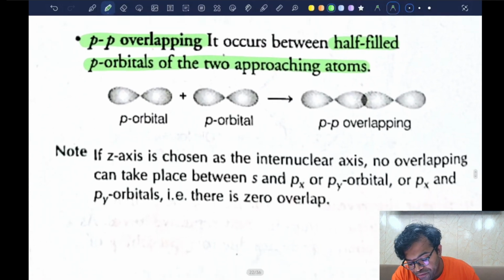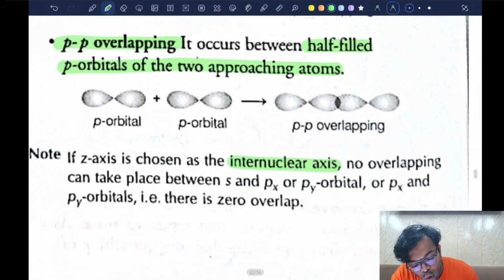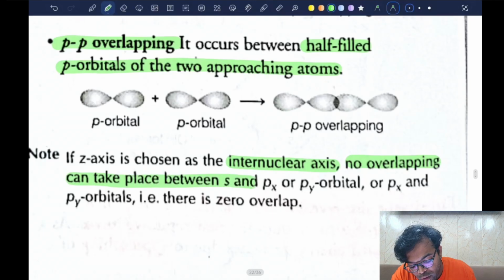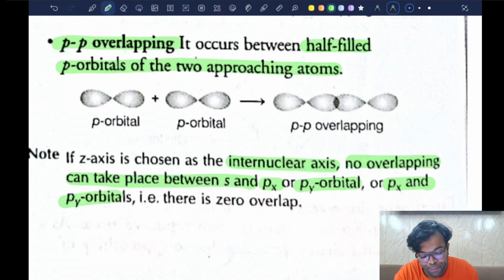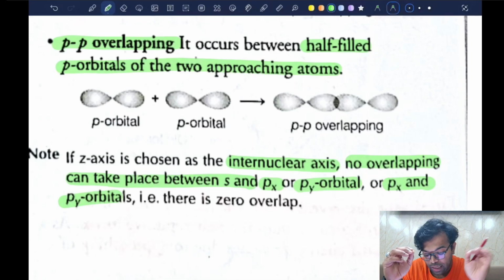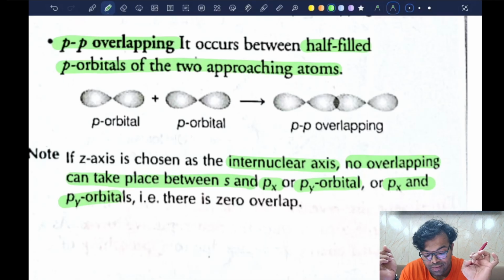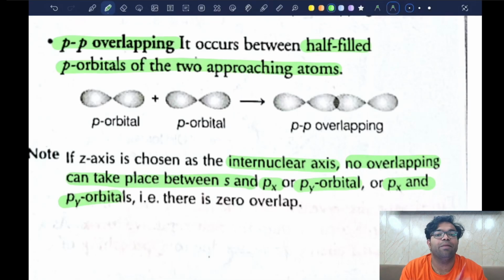So, if the z-axis is chosen as the internuclear axis, no overlapping can take place between the s and px or py orbital, or the px and py orbitals.